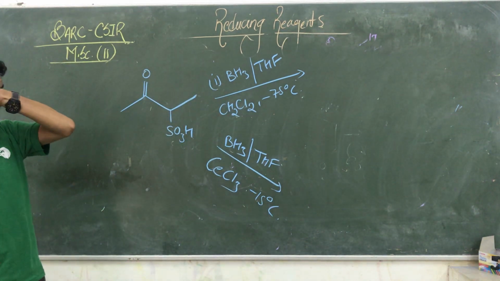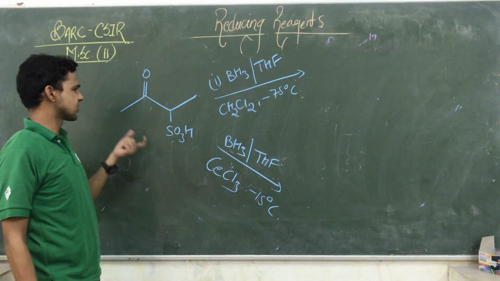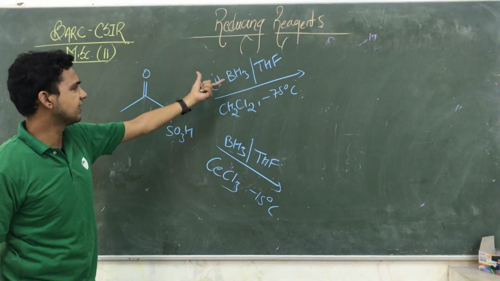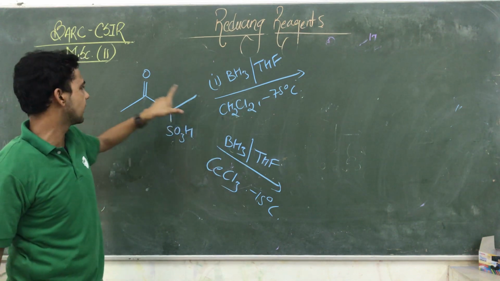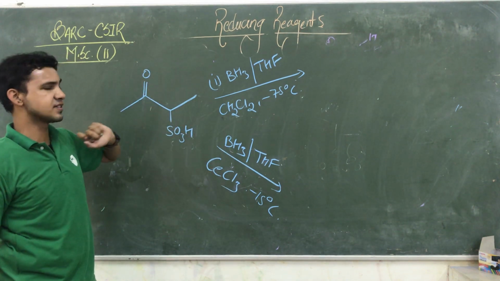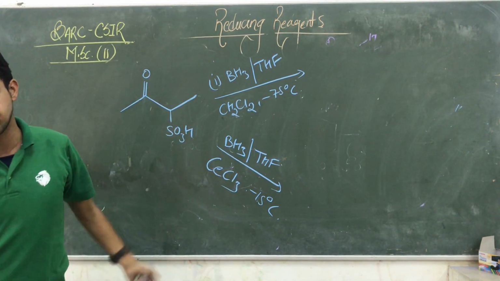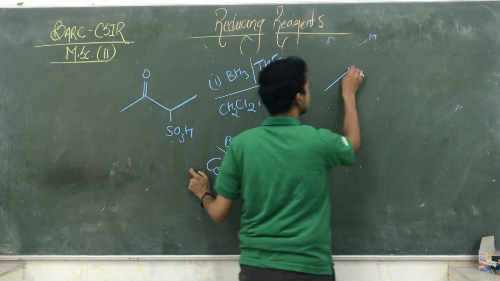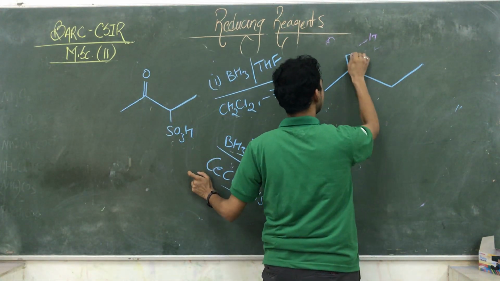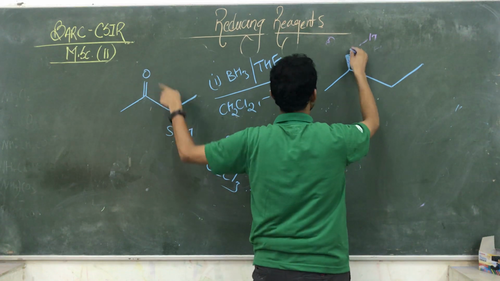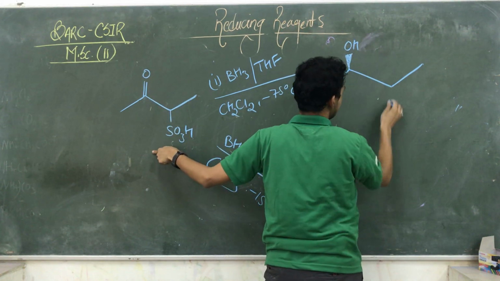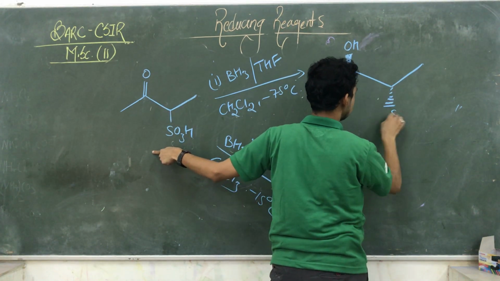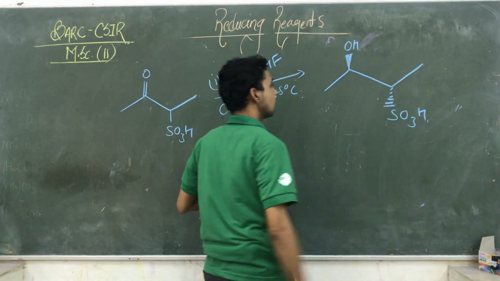It is a kind of stereoselective reaction. Guys, when you are adding BH3 in the presence of CH2Cl2, that part is reduced and we are getting a very specific product. The whole ketone is converting into OH, and the sulfonic group is available from this backside. Okay?